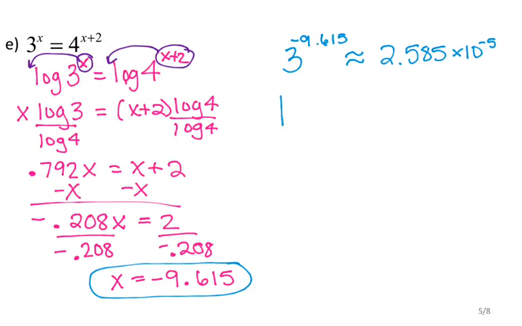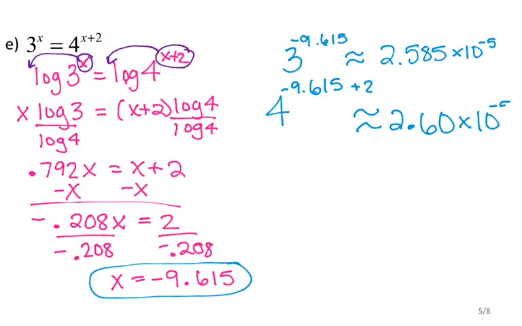And I'm going to do the same thing, so I have 4, and I'm going to plug in the negative 9.615 plus 2, and I want to see what that approximately equals. So 4 to the negative 9.615 plus 2, and it should give me something very, very close. So this one was 2.60 times 10 to the negative fifth.